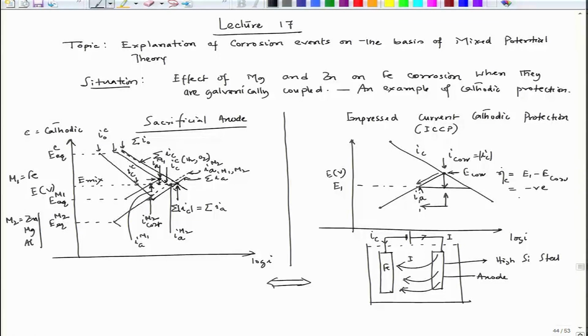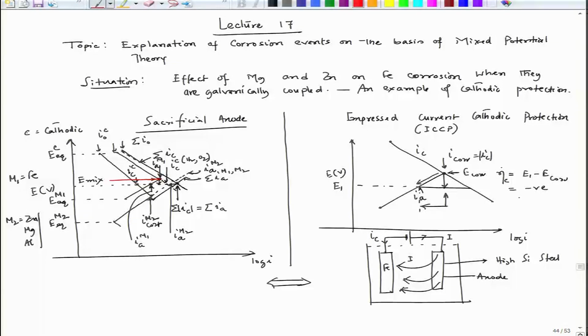Now, if I try to see other differences, here the polarization is this much, if this is my corrosion potential of iron when it is not connected to any other active metal.